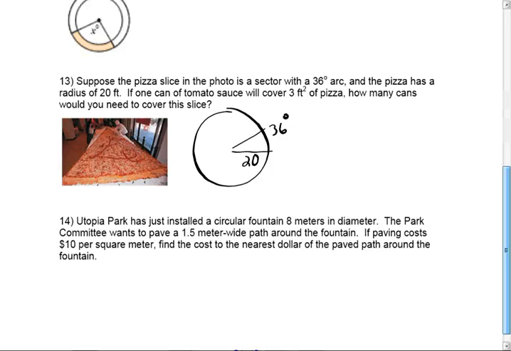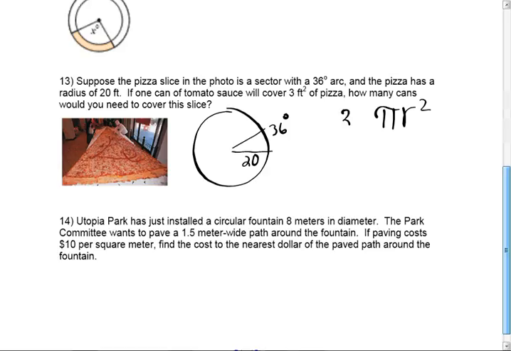First, it says the can of tomato sauce covers 3 square feet. So what do I want to find? The area. There's the circle, which is pi r squared. But what part of the circle do we have? We don't have the whole thing.